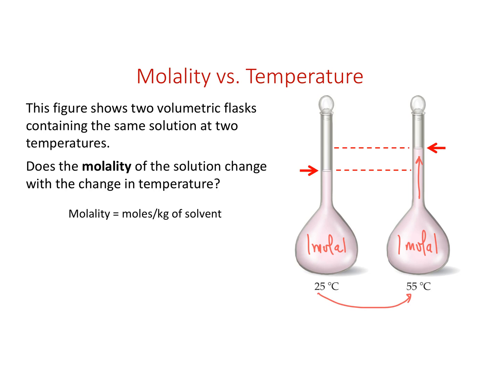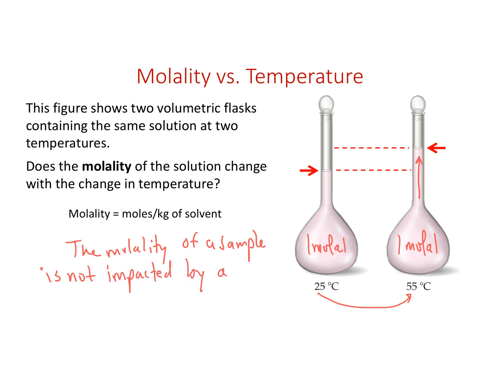They could both be 1 molal because the molality of a sample is not impacted by a temperature change of that sample, because the mass of that solvent is not changing.